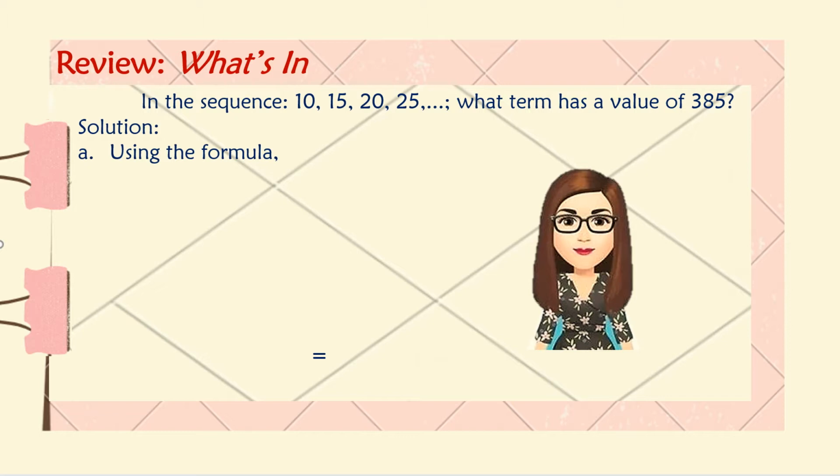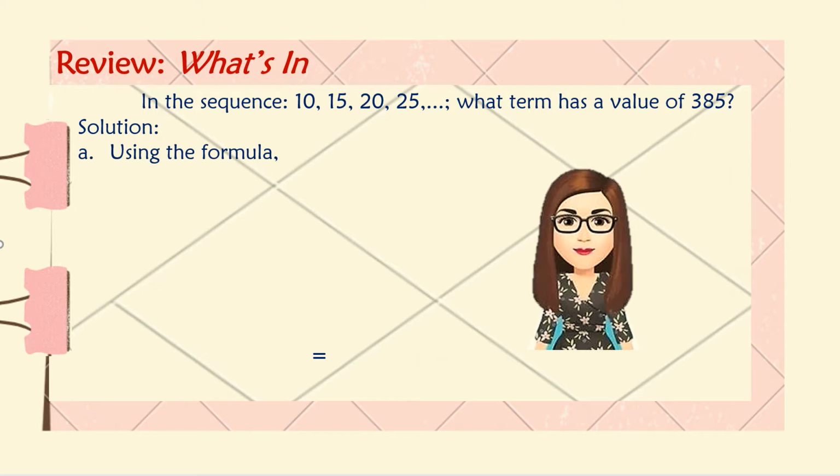Dito ang hinahanap natin yung term, kung pang ilang term si 385 sa given sequence na 10, 15, 20, 25. Remember, ang first term natin ay 10, second term 15, third term 20, at ang fourth term ay 25. Kung itutuloy-tuloy natin yan hanggang kay 385, pang ilan kaya si 385?